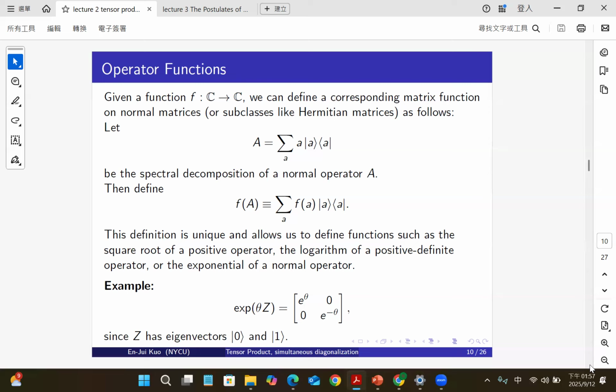So that means A to the k has the same eigenvectors as A. The difference is that the eigenvalues are different, but the eigenvectors are the same.